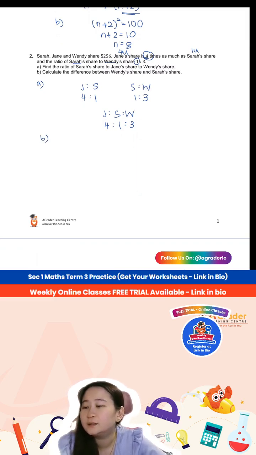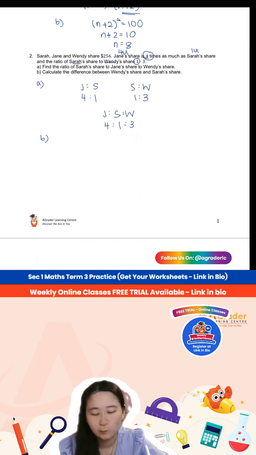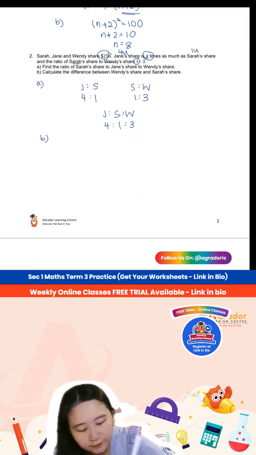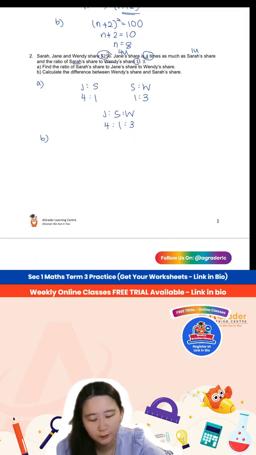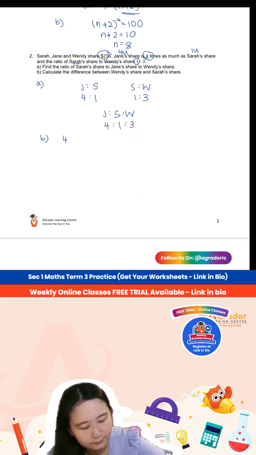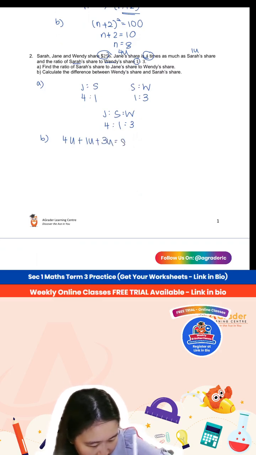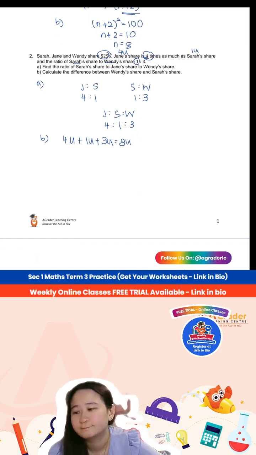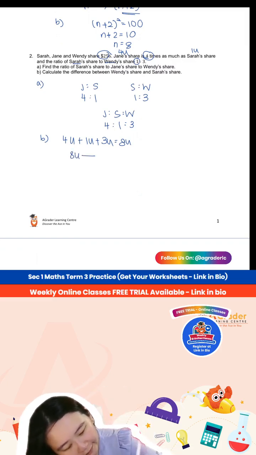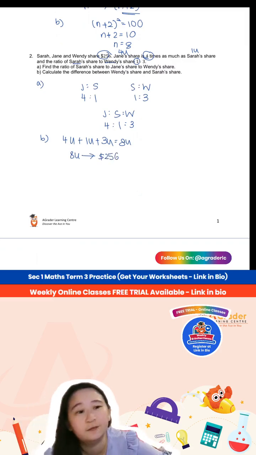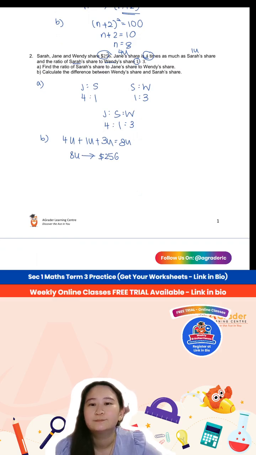Calculate the difference between Wendy's share and Sarah's share. We have the total, so we have to find the total number of units. So 4 units plus 1 unit plus 3 units, total is 8 units. This 8 units is equivalent to $256.